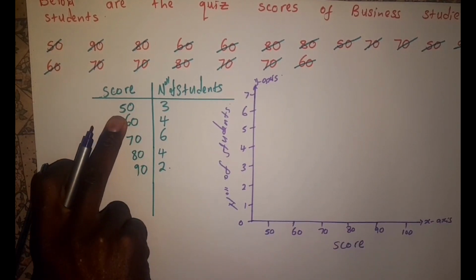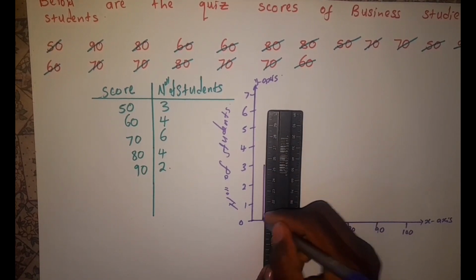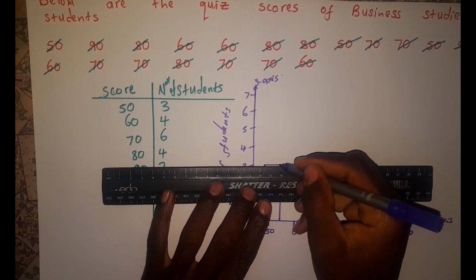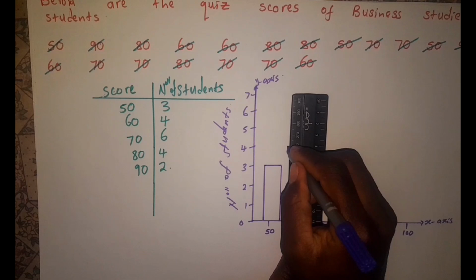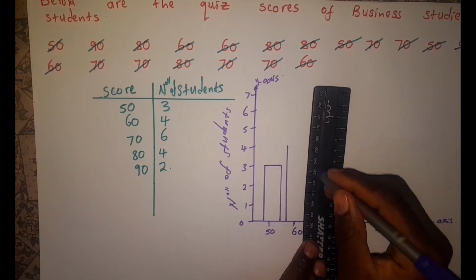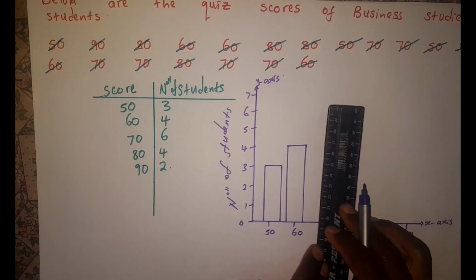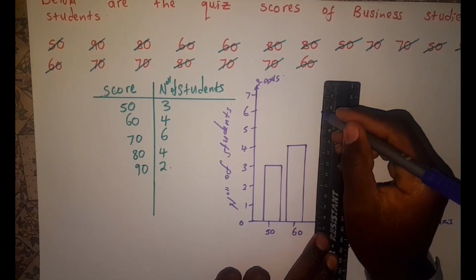Those who scored 50, we have 3 students, so I'm going to draw the bar here. Then those who scored 60, we have 4. Those who scored 70, we have 6 students.